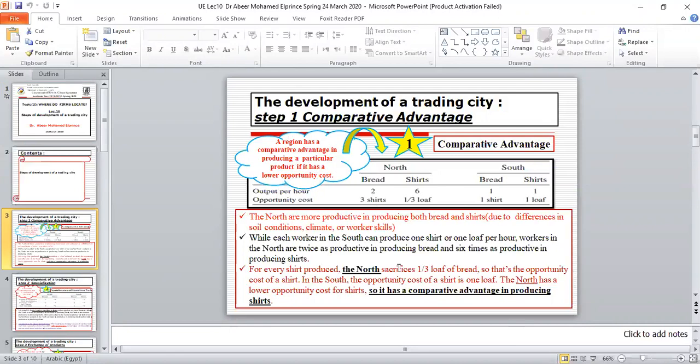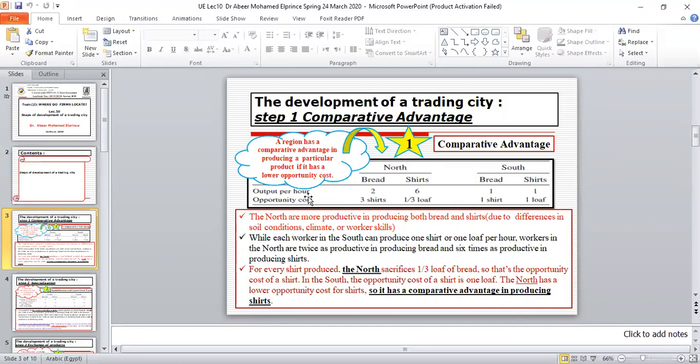We say that North has a comparative advantage in producing shirts if it can produce them at a lower opportunity cost. Per hour, North can produce 2 bread or 6 shirts.